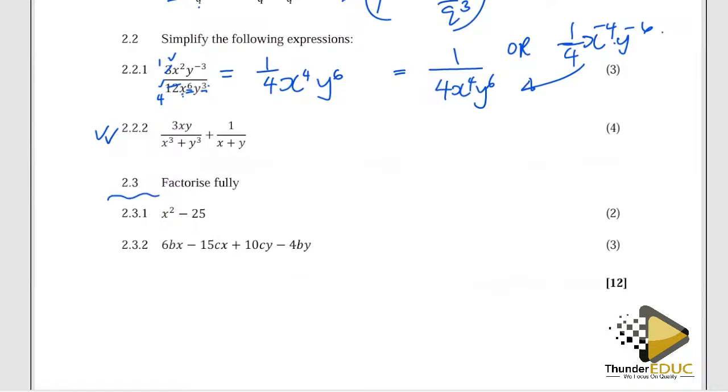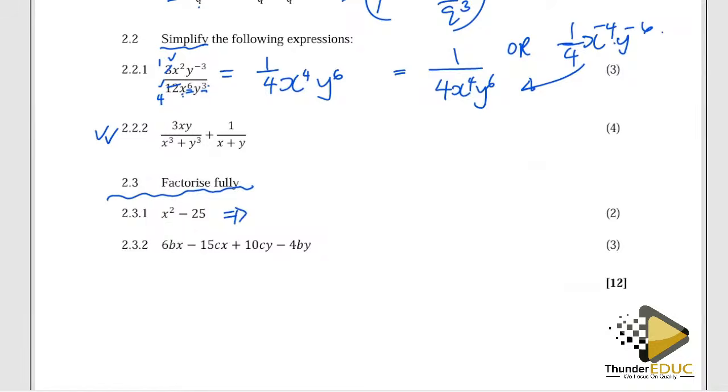Then 2.3, they're telling us to factorize. Guys, simplifying expressions and factorizing are two different things. With simplifying, yes, you can apply the knowledge of factorization. With factorization, it's just straightforward. Just remember your methods of factorization.